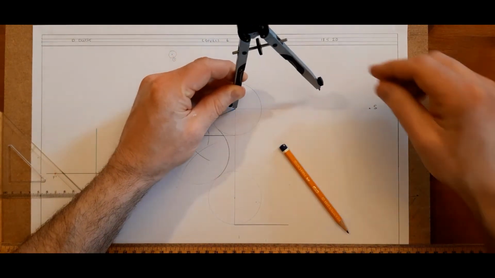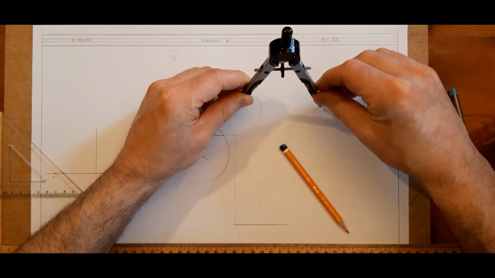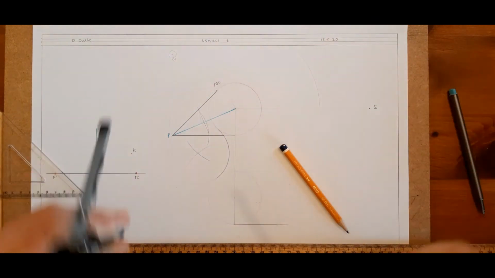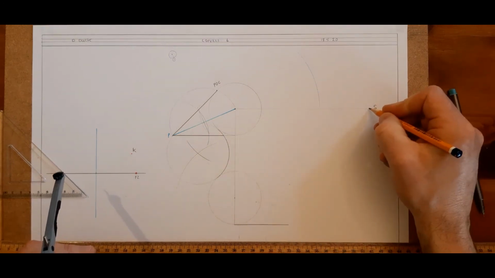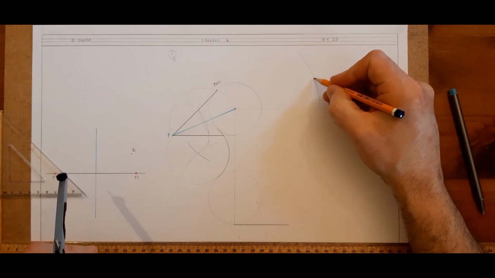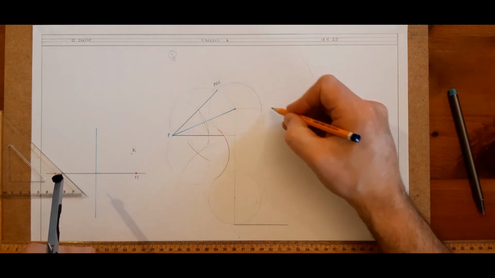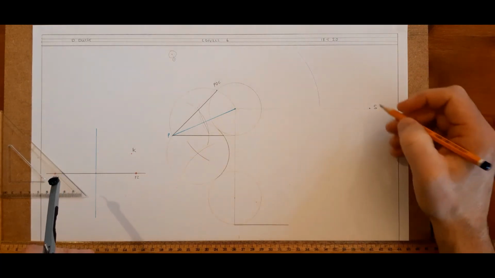Put it here. The compass is now at 95 mil, and I'm going to swing an arc there. Now, the only other point I have is this. I know I need to set my compass to 65 somewhere on this line and draw that arc, okay?